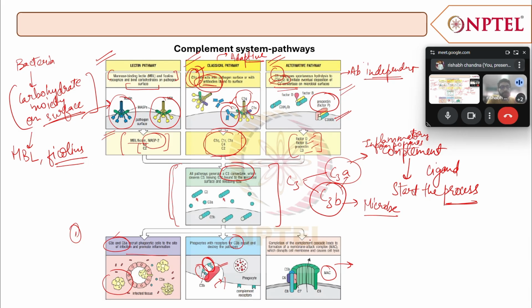The third one, after the completion of the complement cascade, leads to formation of a membrane attack complex that disrupts the cell membrane and causes cell lysis. As you can see here, multiple components, C5b, C6, C7, C8, and C9, help in the formation of the membrane attack complex so that cell lysis can take place.